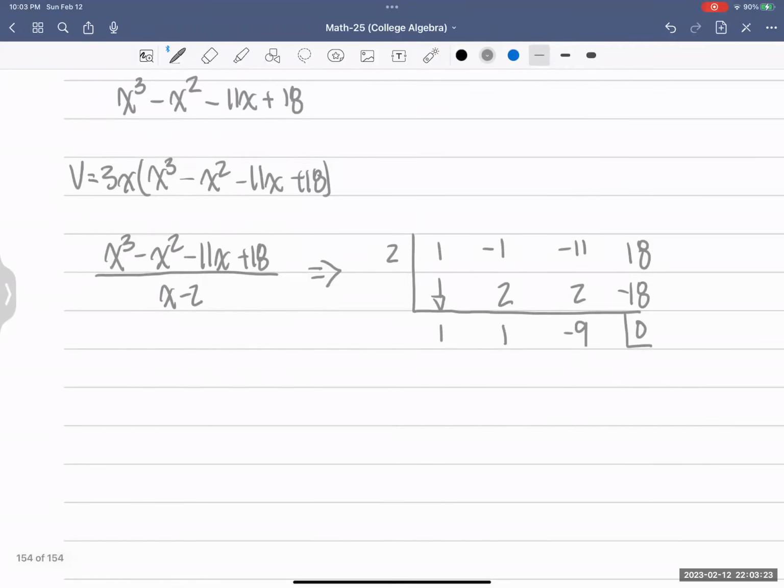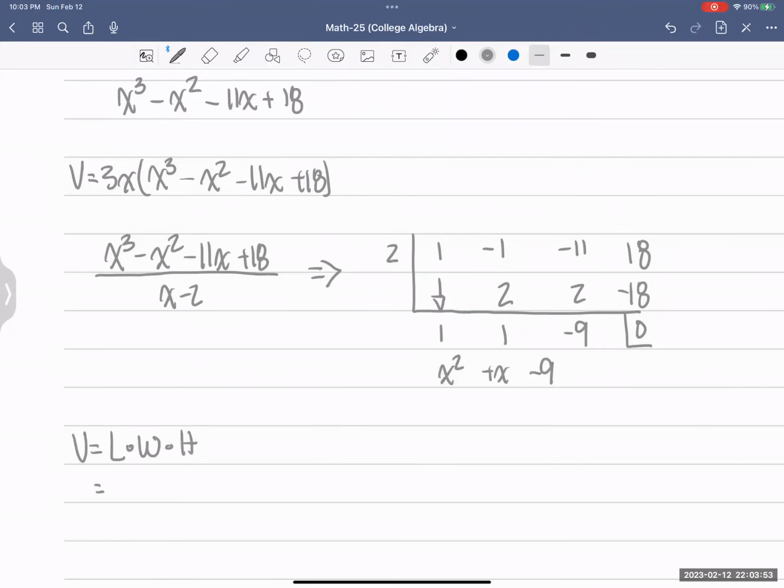So now what we have, this was x to the power 3, so coming down in degree, we have x to the power 2. So we have x squared plus x minus 9, remainder 0. So now that we have that computation, we have our volume equal to our length times width times height.